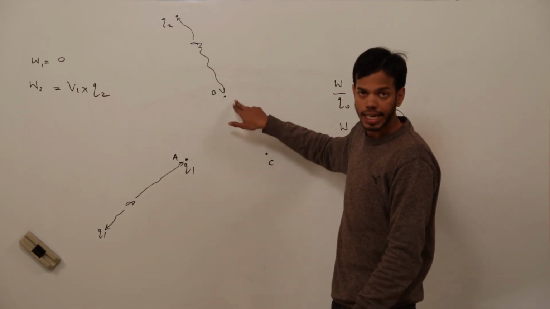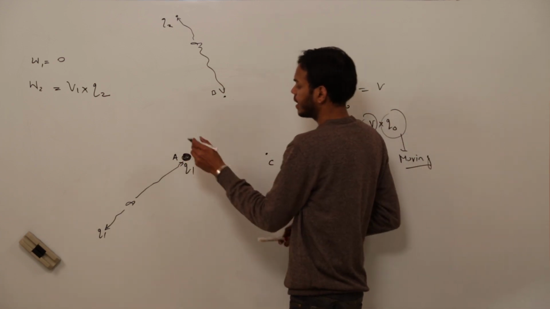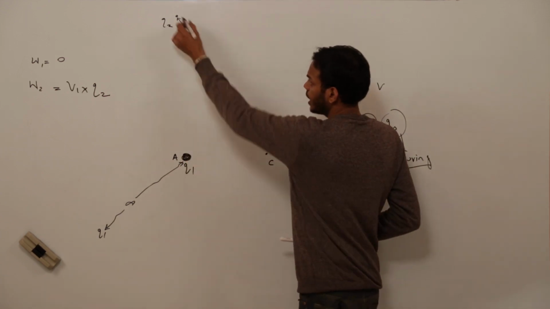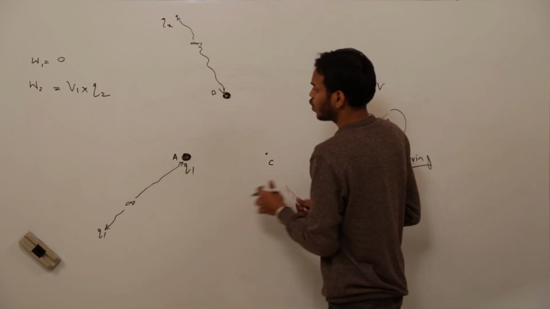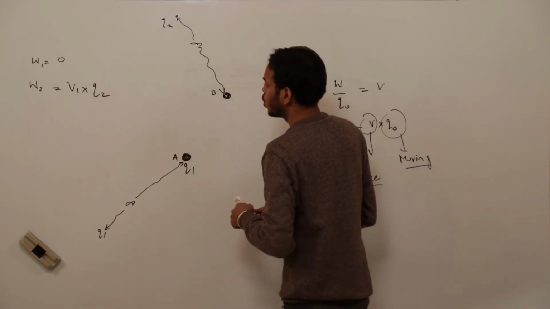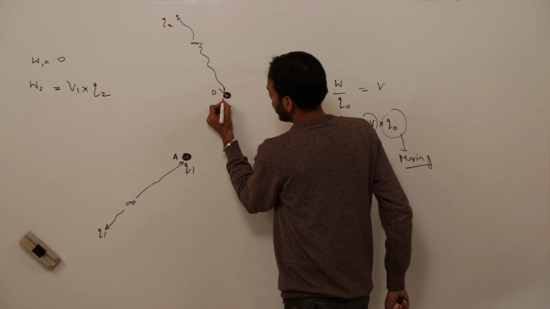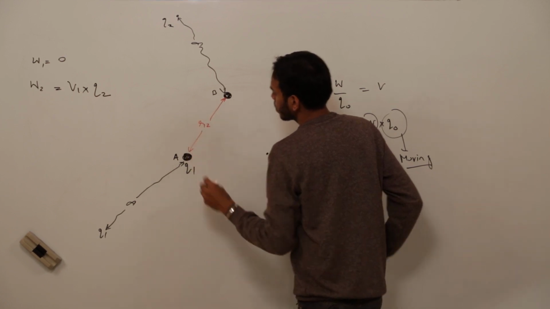The already present potential at this point was due to this charge Q1. Make it bigger. Alright, the charge is already there, and now Q2 is here. So there was an existing potential which was V1 and the charge was Q2. Let us also consider the distance between them is R12.